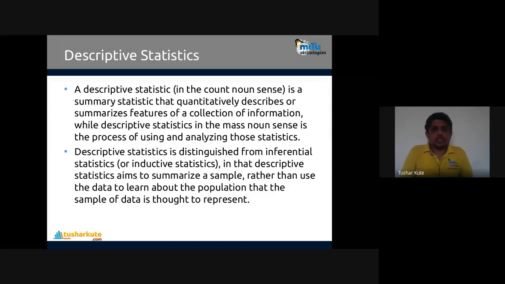Descriptive statistics in the count noun sense is a summary statistic that quantitatively describes or summarizes features of a collection of information, while descriptive statistics in the mass noun sense is the process of using and analyzing those statistics. See, I have the data with me, and I want to identify the properties of the whole data in summary. What can be the properties of it?